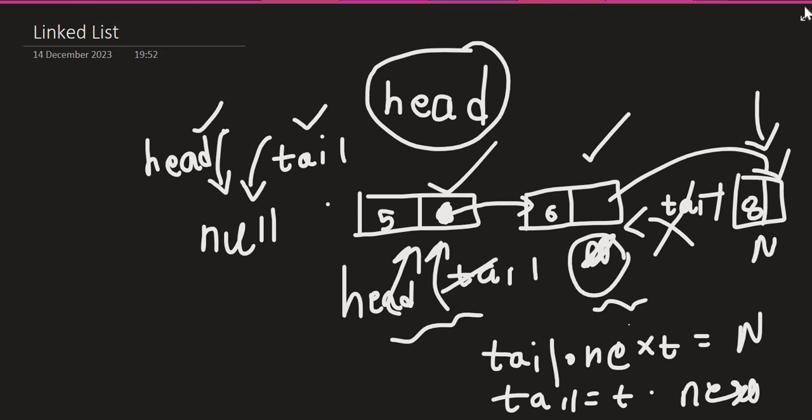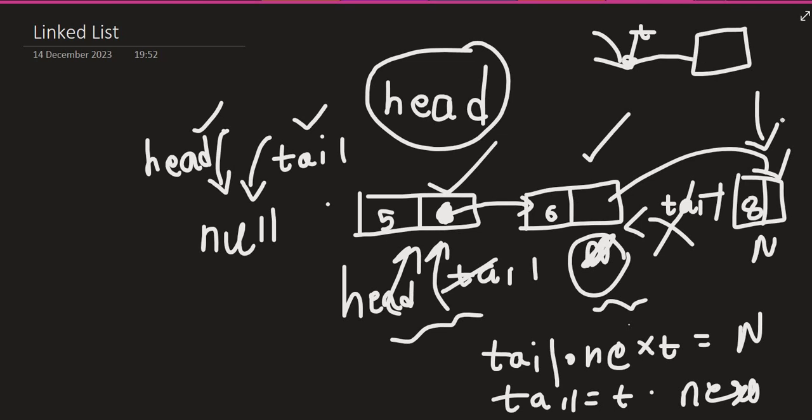The last element is tail. If any new node comes to attach, I attach it to tail: tail.next = new node. That's why tail points to the last position and head points to the first position.